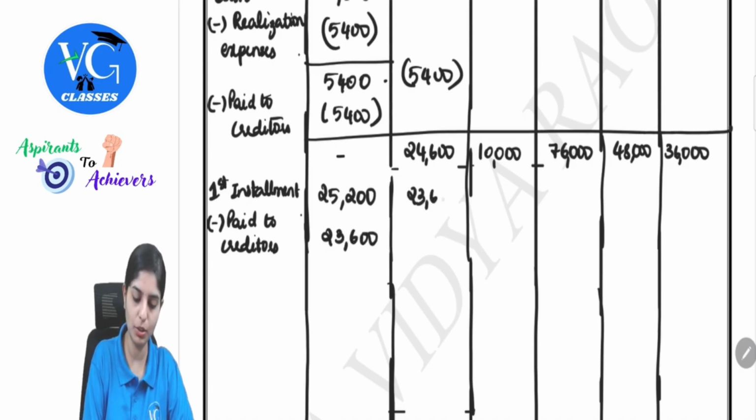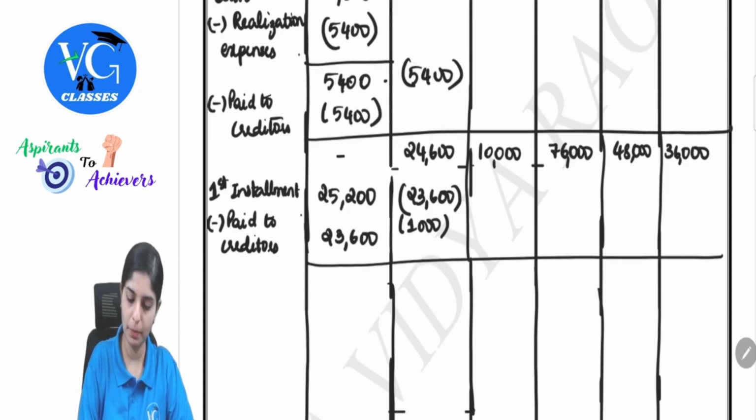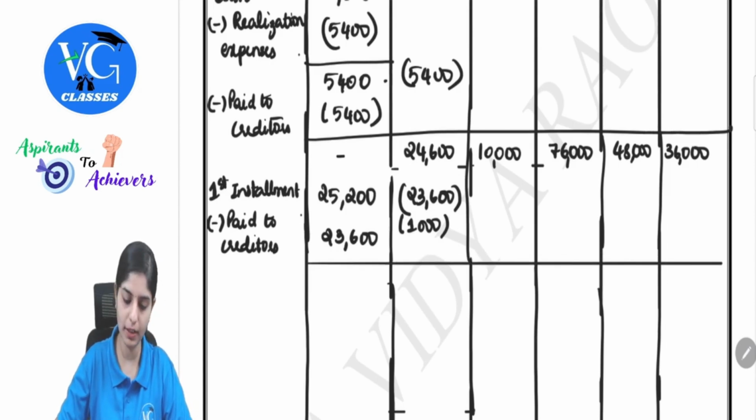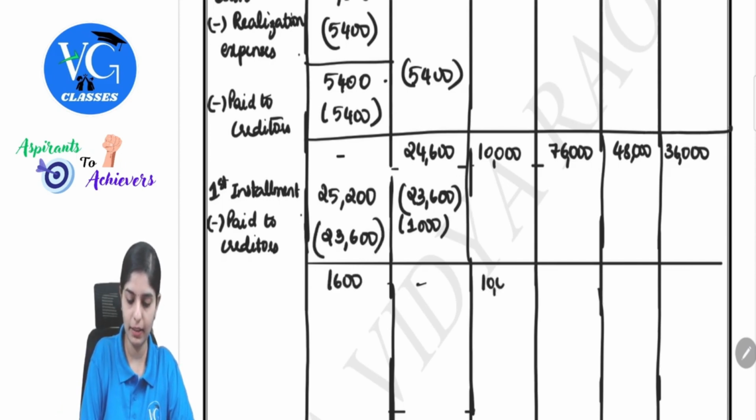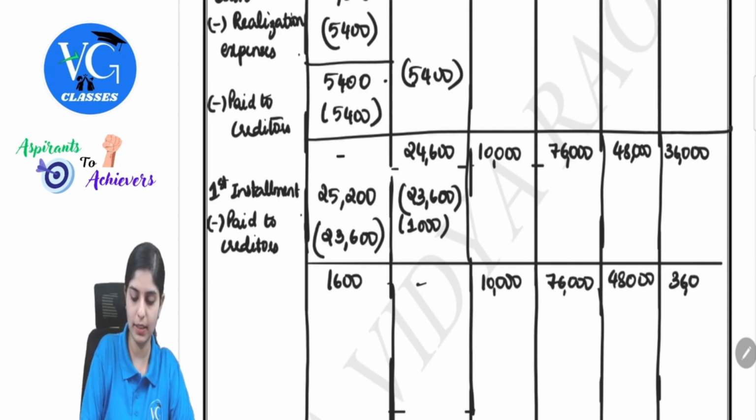So here I will use 23,600. 1,000 is my discount towards creditors. So balance left, 25,200 minus 23,600, will be 1,600. This is nil. 10,000, 76, 48 and 36,000.